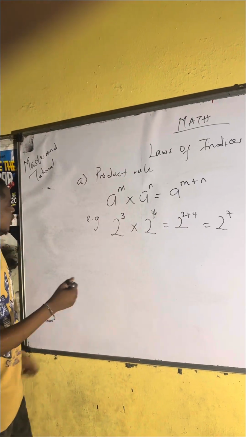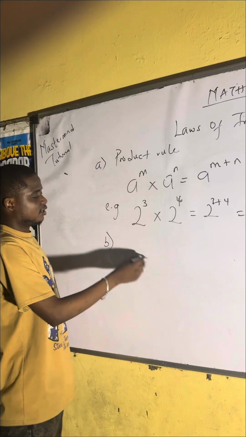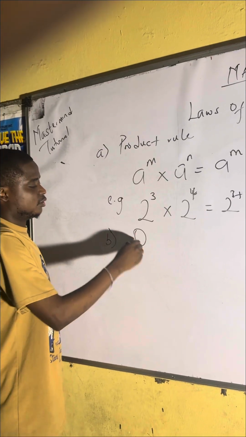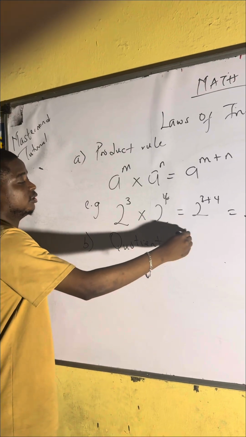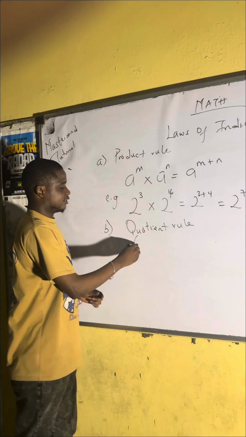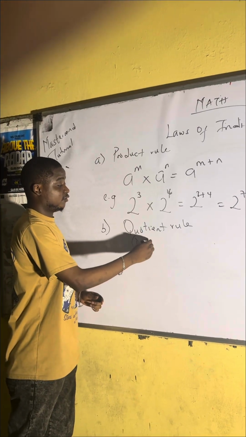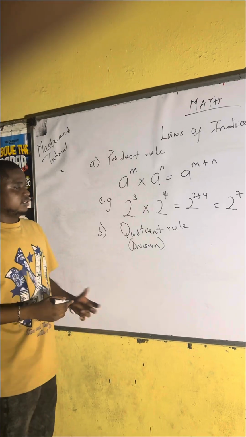Let's do another one. Another important rule you should know is the quotient rule. Well, the word quotient, you can see it as division, or some people call it fraction. Let me give you a general form.